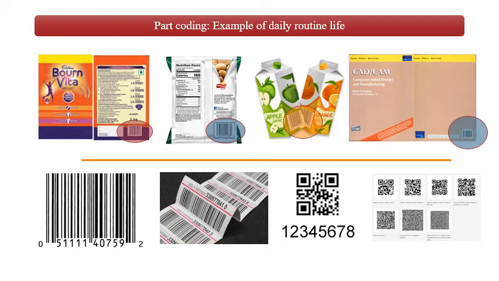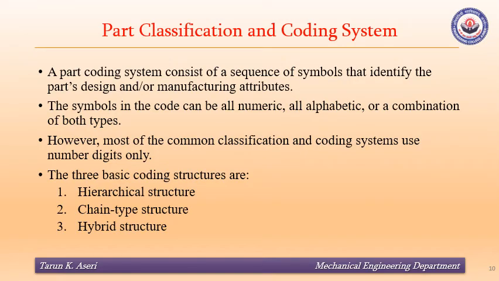Similarly, we are also assigning a part code to parts that are going to be manufactured in our factory. So here the part coding system consists of, as I already told, symbols based on the design and manufacturing attributes. The symbol could be all numeric, all alphabetic, or a combination of both.